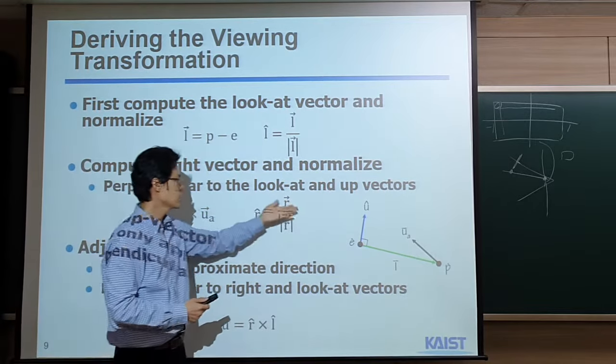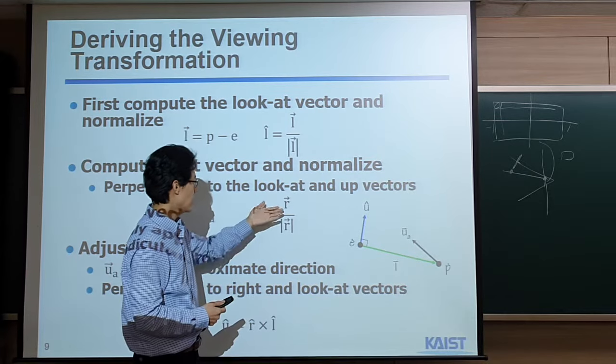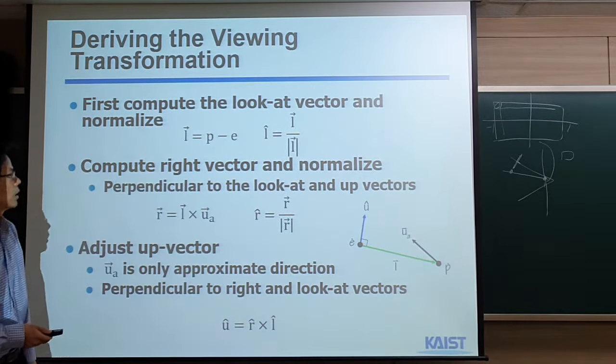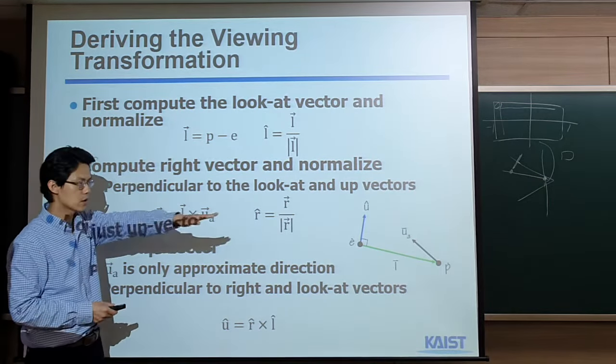Also, I can compute the right vector by dividing the R vector by its magnitude. So basically, we have now computed the look-at direction and the right vector.